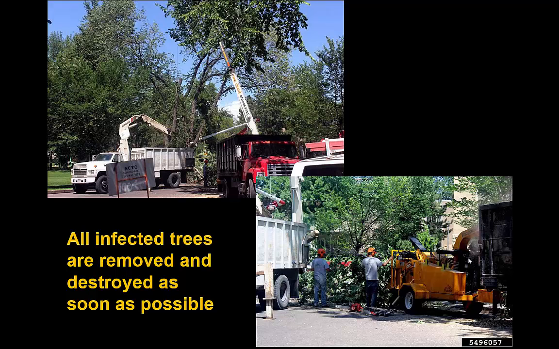There's no tolerance for leaving a tree that is infected any longer than you need to. It has to come out as soon as possible. And usually there are laws in place that require that this be done, at least for most communities.